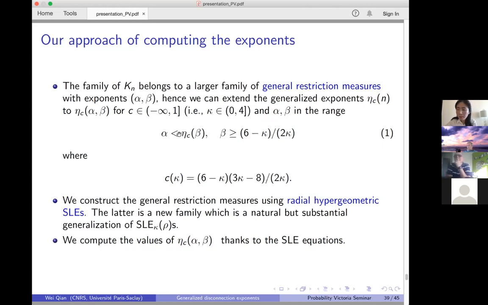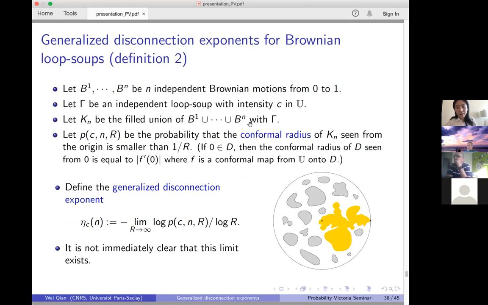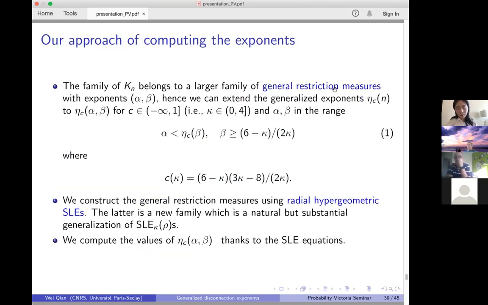Okay, I'll skip a few slides because maybe I don't have enough time. This slide just says that this yellow part K_n we can construct as general restriction measures, and we construct them using radial hypergeometric SLEs.